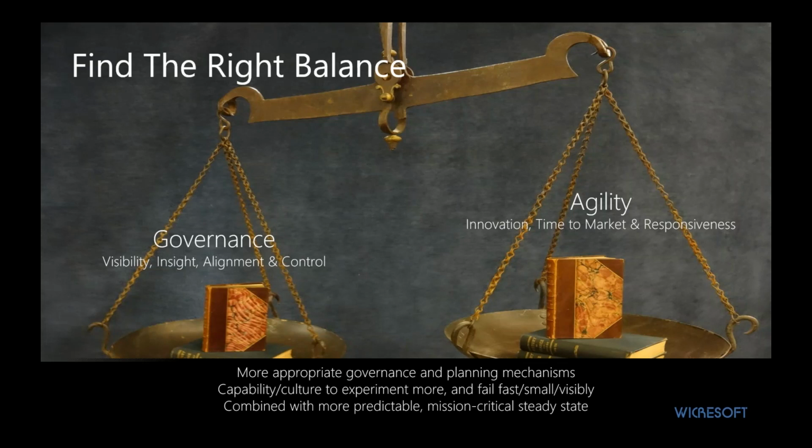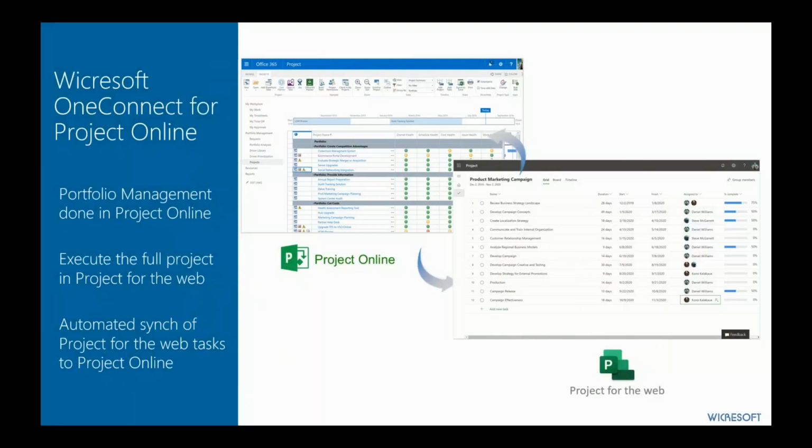There's no use rolling out a complex and comprehensive project management solution or tool if the team doesn't have the maturity, knowledge, or specifically if they don't have the need for a comprehensive tool to deliver on a lightweight, easy, quick to market type of schedule or series of work activities. So find the right balance between the tools you're delivering, be agile, but still keeping in mind the importance and need for governance, visibility, insight, alignment, and control.